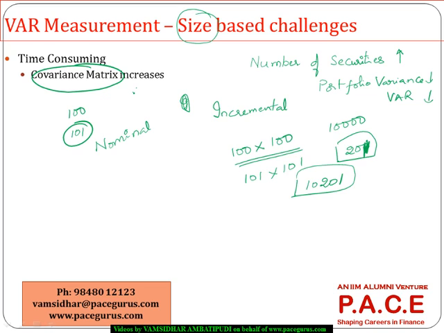So we have to be really careful to take a call beyond which it's not advisable to increase the size of the portfolio, as the diversification benefit may not be that heavy, and even with powerful systems it can consume too much time, and the covariance matrix increases quite drastically. So that's one thing we have to keep in mind, though we are able to reduce the portfolio VAR along with the increase in the size of the portfolio.